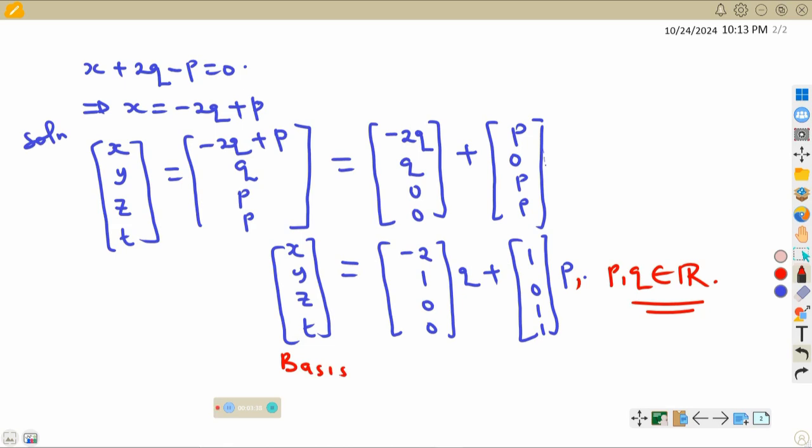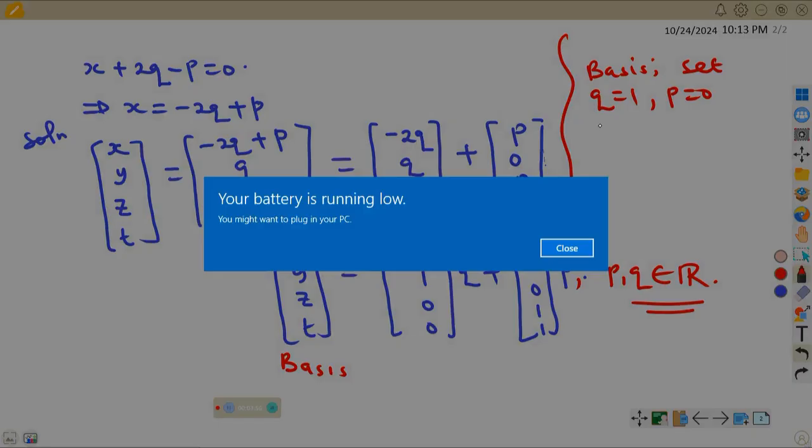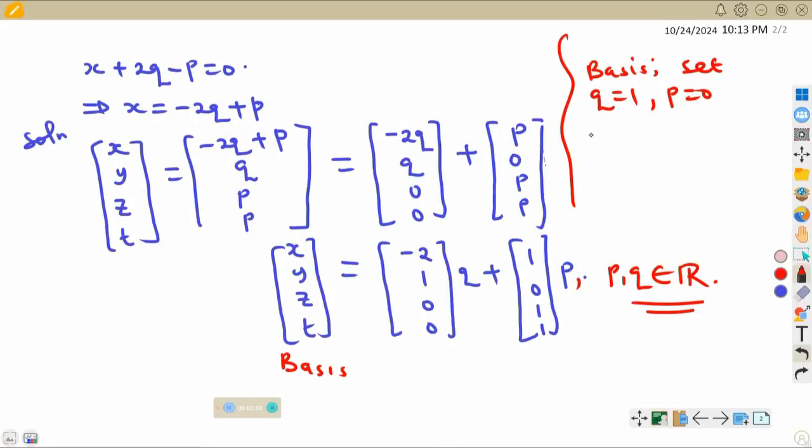To obtain the basis set, we shall set one of them to 1 and another one to 0. So we set q to 1 and p to 0, and we shall remain with negative 2, 1, 0, 0.